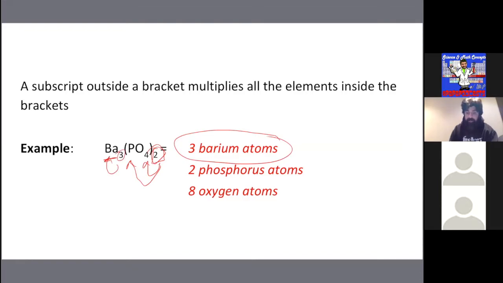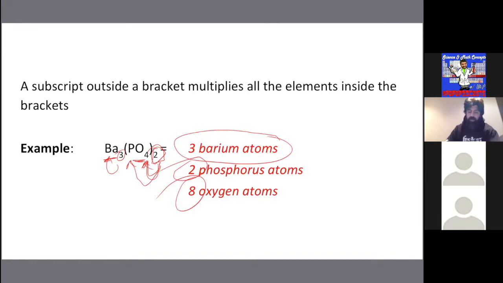Inside the brackets, we have PO4. That PO4 implies we have 1 P, but it gets multiplied by that 2 outside of the bracket. So we have 2 phosphorus atoms and 4 oxygen atoms, but now that 2 gets multiplied with the 4 to give us a total of 8 oxygen atoms.